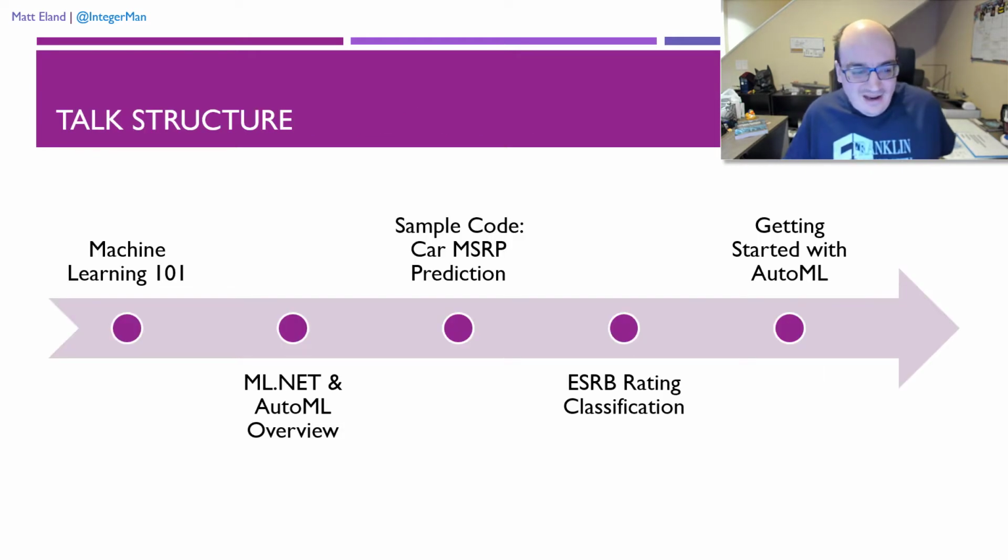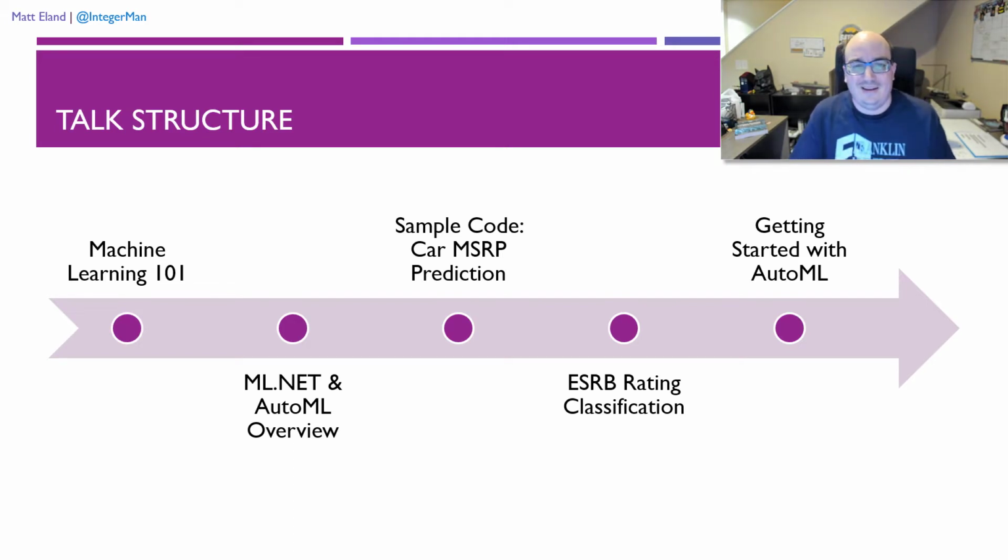So in this talk today, I'm going to focus a little bit on what machine learning is, just so you have some basics and can understand the rest of this talk. I'm going to get into what ML.NET specifically is, and then even deeper, what AutoML is within ML.NET and what that gets us. We're going to look over some sample automated ML code as we look over a car MSRP prediction program.